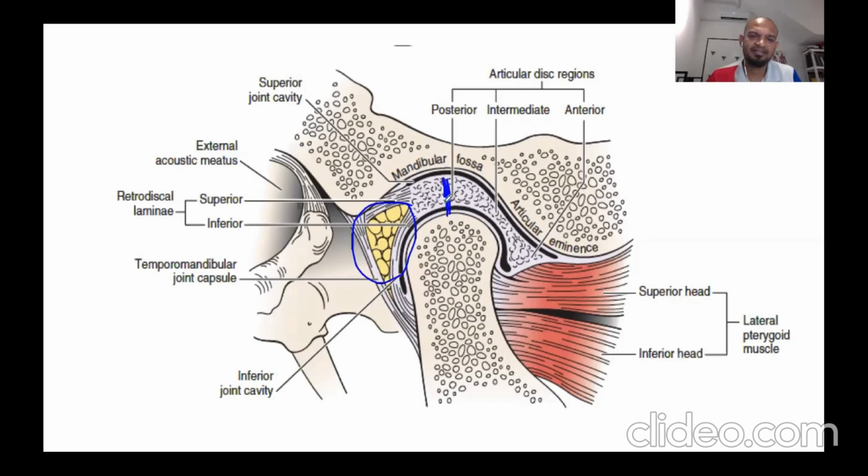That's the apex, right? So the apex will be at the posterior band, and the superior anterior portion of the condyle will always be facing the intermediate zone.